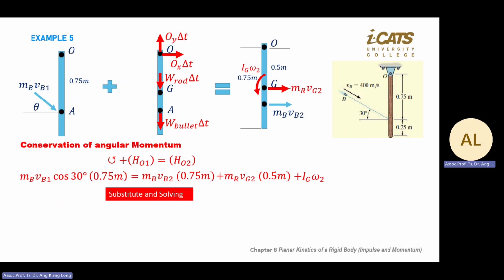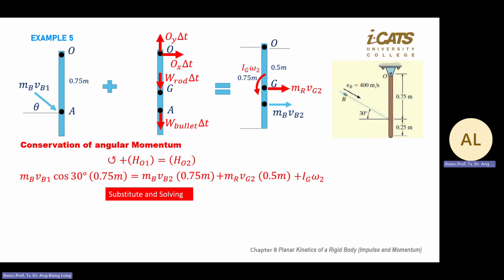The middle one is already conserved. And for the last one, you just copy the mV for rod, mV for bullet, multiplied by the arm. For the bullet it is 0.5 and 0.75.